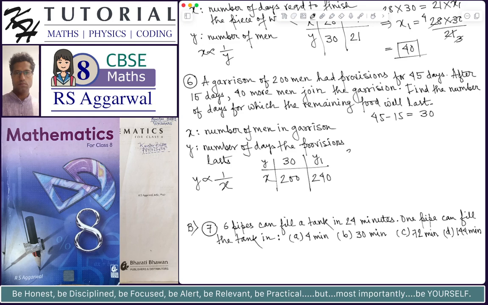Since x and y are inversely proportional, we must have 30 multiplied by 200 equal to y1 multiplied by 240. So y1 is equal to 30 multiplied by 200 divided by 240. This is 10 and 8, and 200 by 8 is 25.